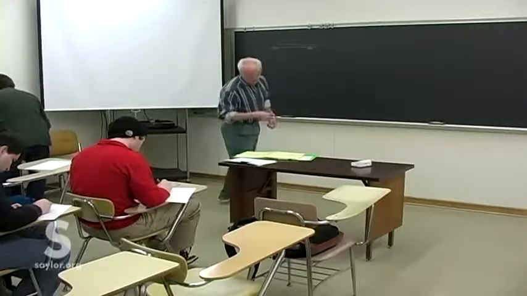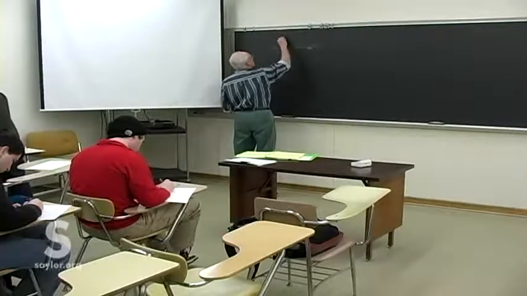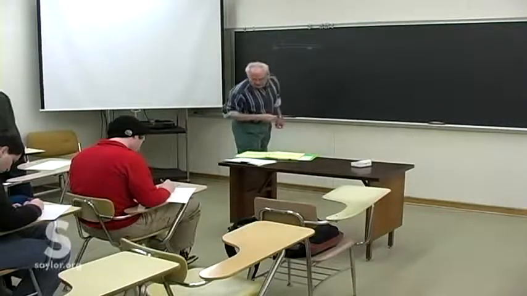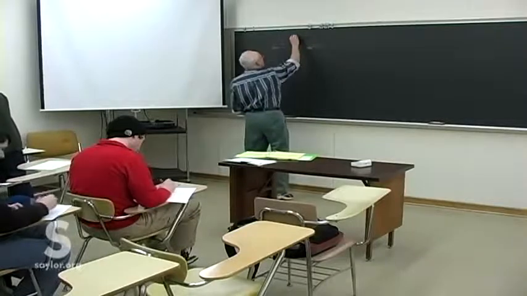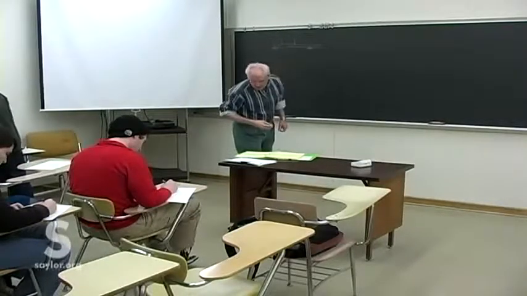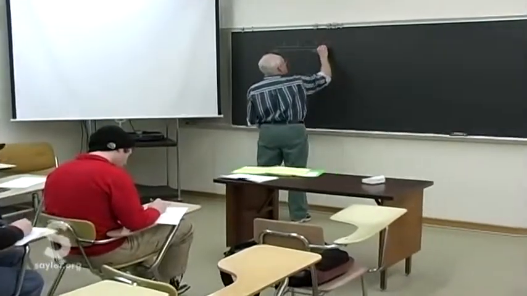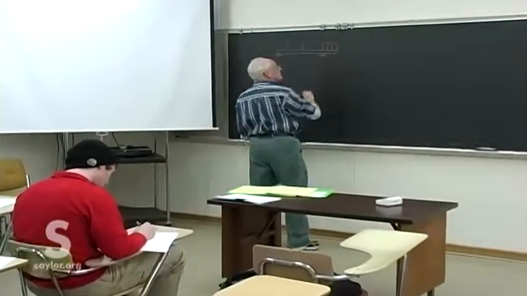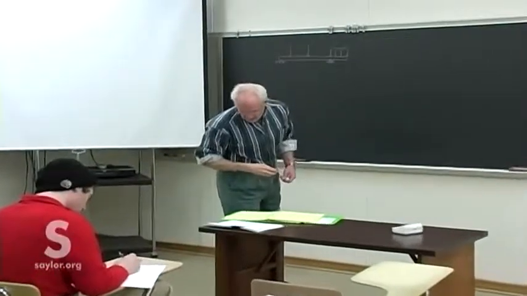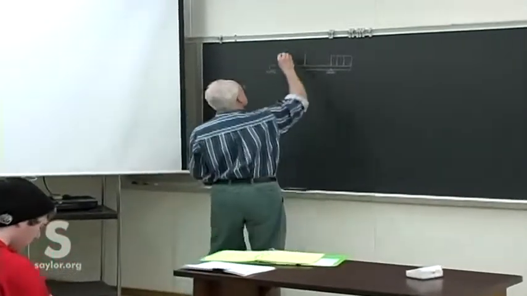So, got a simple one here with a couple point loads, one distributed load just to make things nasty. So, we're fine, that doesn't make things all that nasty. Okay, there we go.